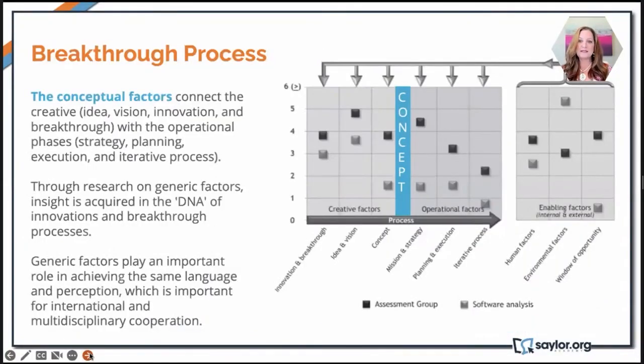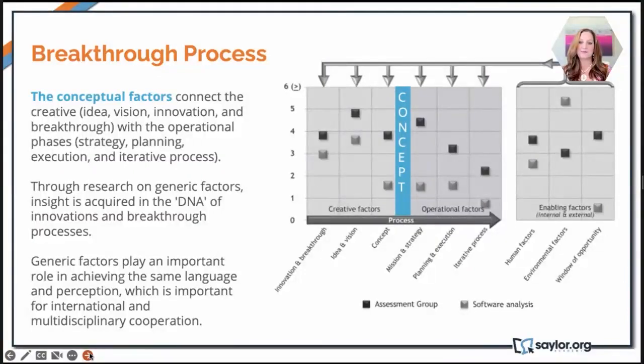All right, so with the Owls Cooperative, they created this breakthrough process. And in the two books and all the case studies, they applied this breakthrough process where the conceptual factors connect the creative factors. So we're looking at innovation and breakthrough, idea and vision. And with the operational phases, so we're looking at mission and strategy, planning and execution, the iterative process.